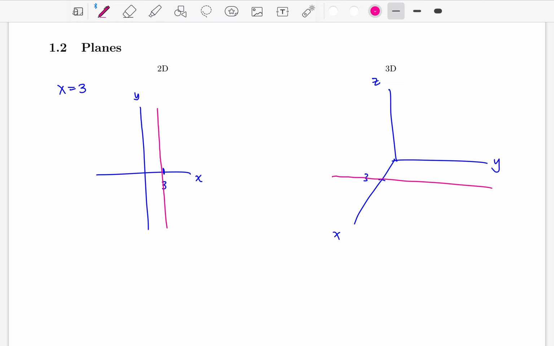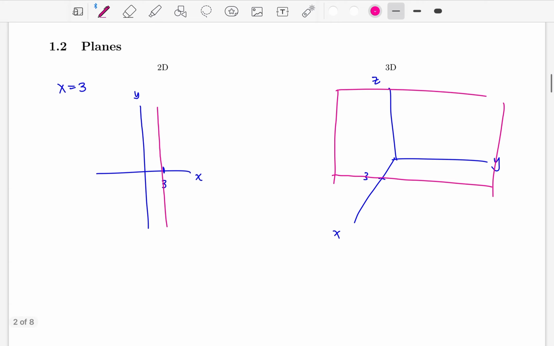Then this is going to be parallel to the z-axis, okay? Something like this. I'm not great at drawing this, but I'll show you in a minute what this actually looks like. I'll draw some other stuff and then I'll show you.